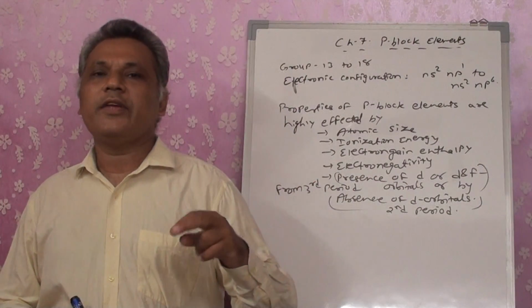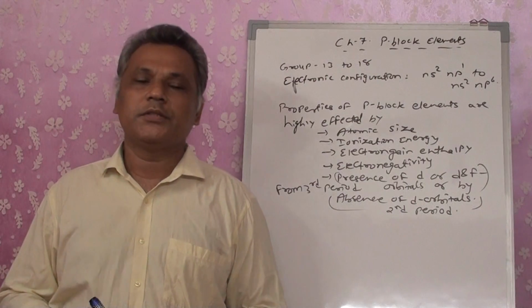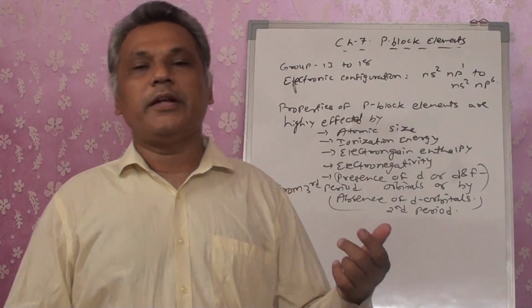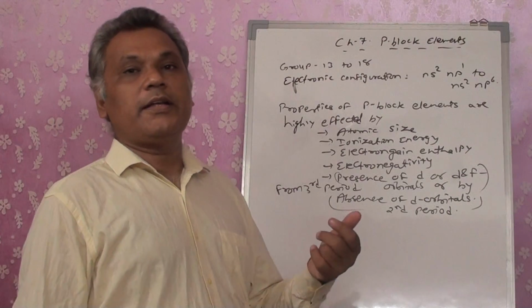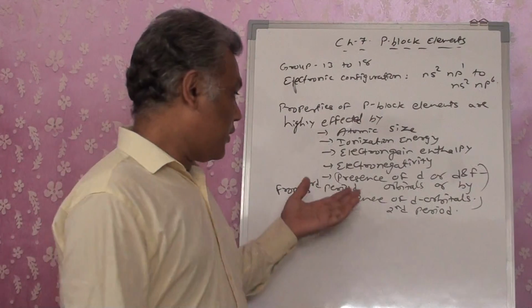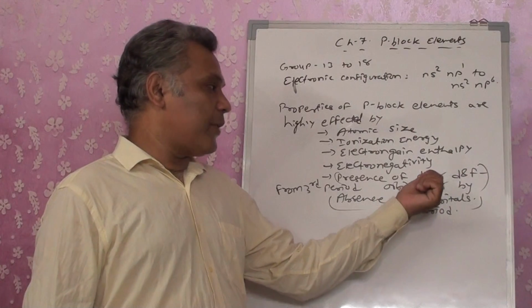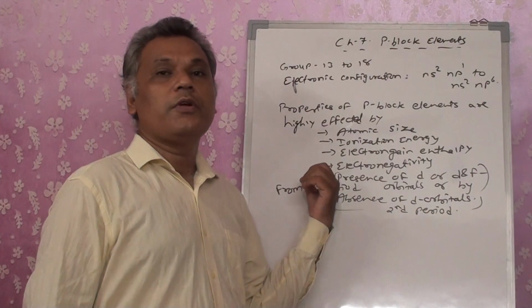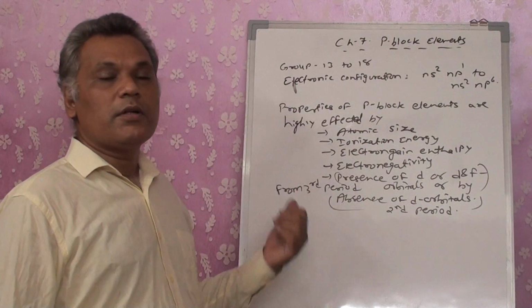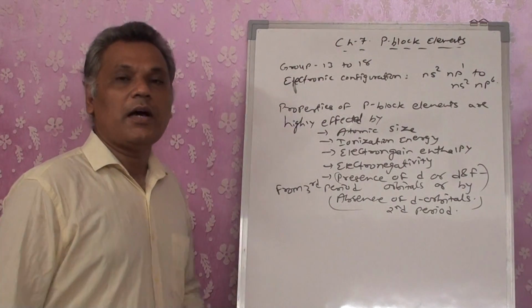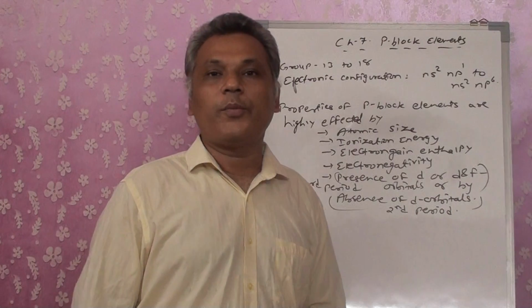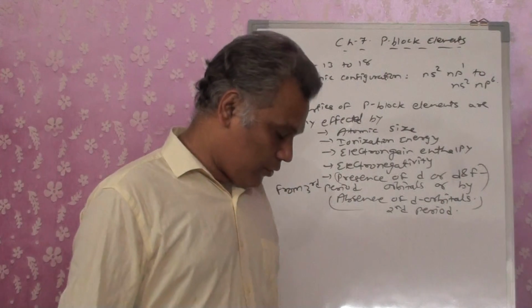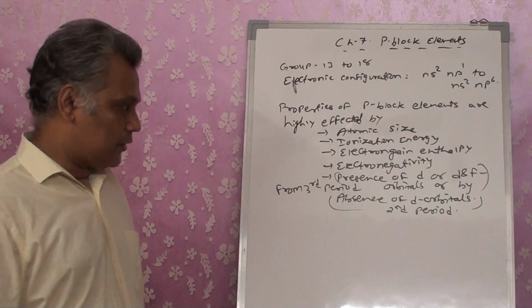Second and third have s and p orbitals. From the third we are going to get s, p and d orbitals. From the fifth we are going to get s, p, d, f. Right? So that shows that the presence of d or f is from third. That means we consider them as higher elements, whereas in the second period the d orbital is absent. So that is also going to affect our elements.